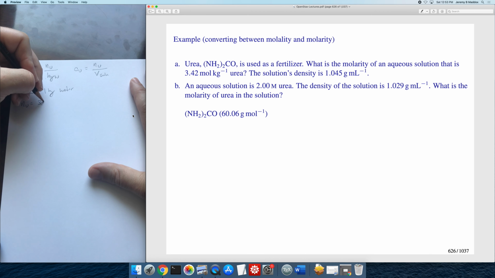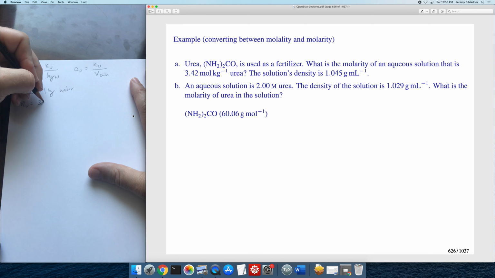So it's the same thing. In fact, we've got the same equations as before. The molarity that we're given is the number of moles of urea divided by the volume of solution. The molality that we want is the number of moles of urea divided by the kilograms of water.